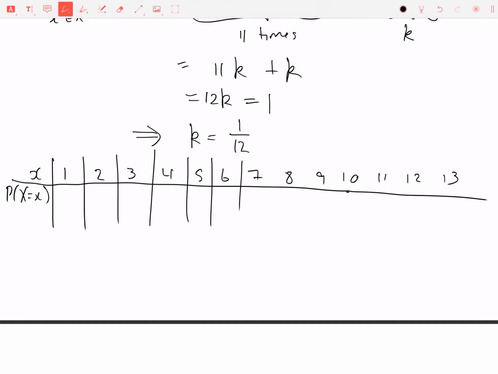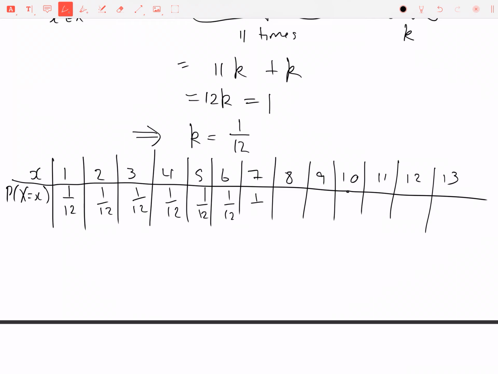And then we now know what each of the probability values are. So that'll be 1/12 for all the numbers up to 11. And then for 12 and 13, we said it's half k, which is half times 1/12, which is 1 over 24.